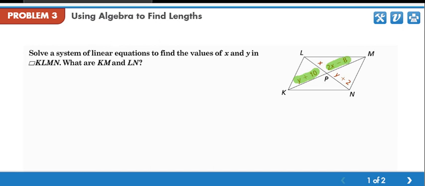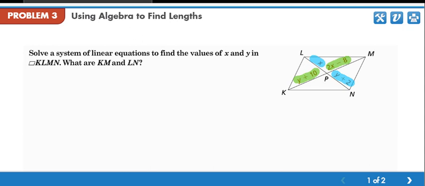Let's go sky blue. We know that this side is going to be congruent to this side. Alright, so this is going to be a little bit harder one because it's going to require us to do some algebra in order to find the lengths.